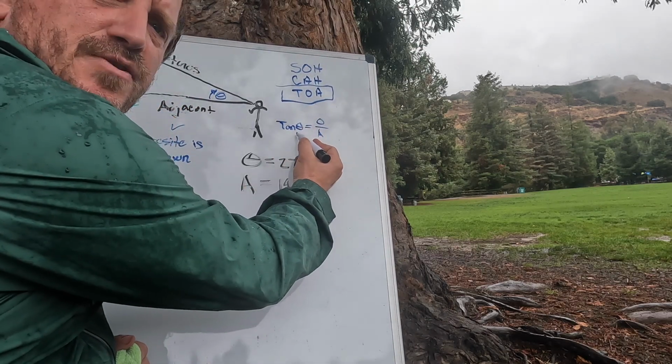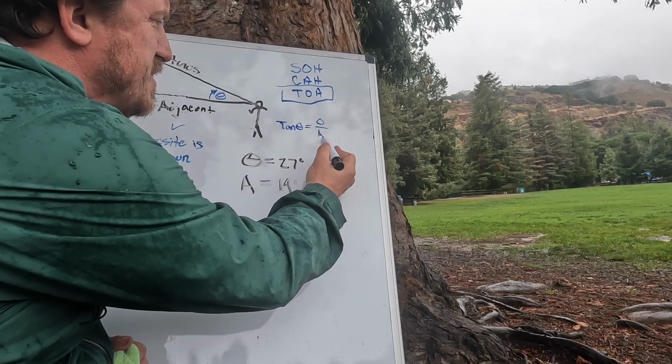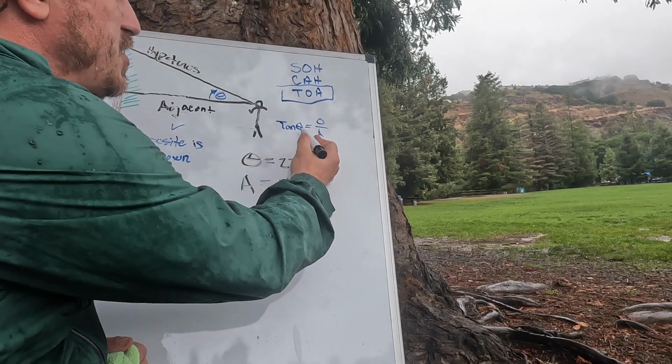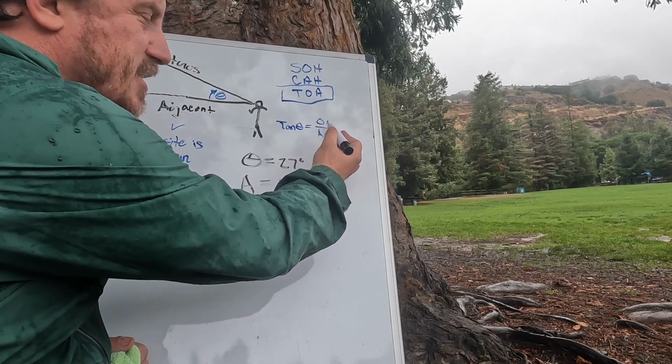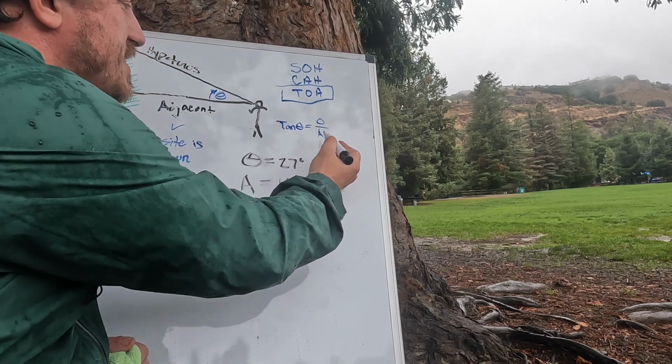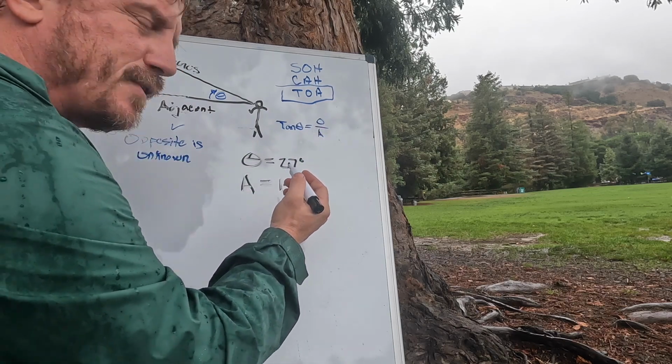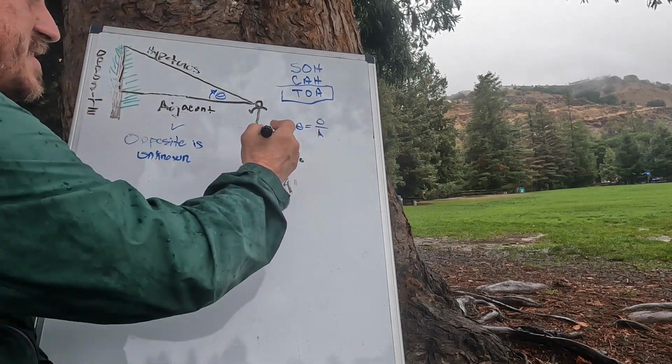Now remember, we're solving tangent of theta equals the opposite over the adjacent. So now we know this variable, so we're going to solve for this variable. Let's actually just solve for opposite now, it's going to be a teeny bit easier.